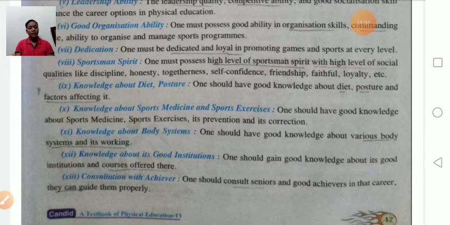You should be physically, mentally, socially, emotionally fit and healthy, sound mind, good sports performance. You should have leadership quality, good organizational ability, dedication.